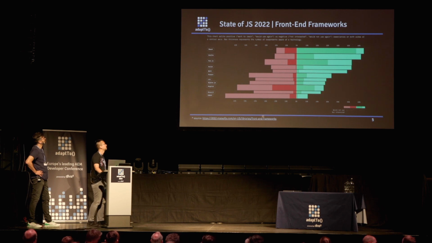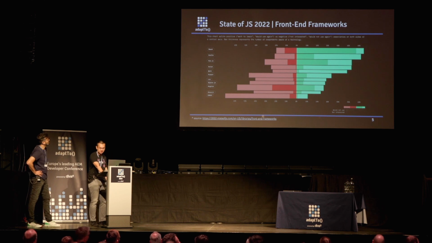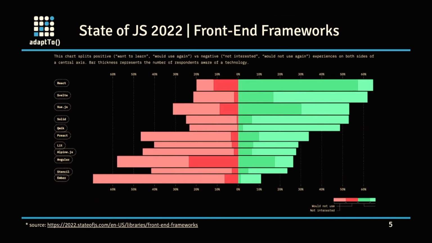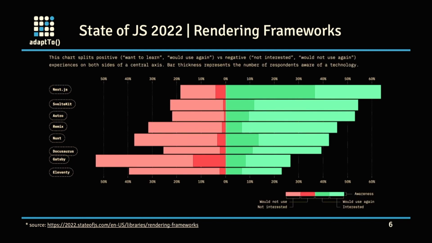The top favorite frameworks are React, Svelte, and Vue.js, which have strong support for server and client rendering using out-of-the-box or community frameworks. As a comparison, this diagram shows the same positive and negative split for the rendering frameworks.